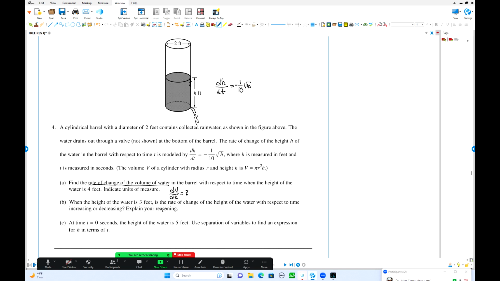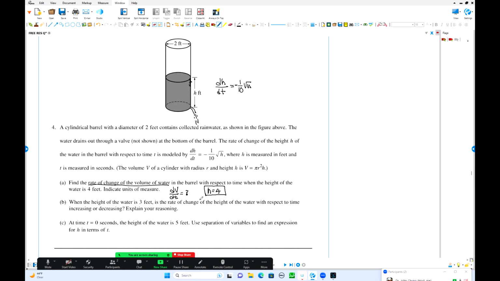We're going to find dV/dt at the instant when the height is 4.